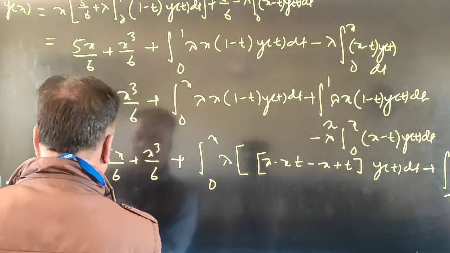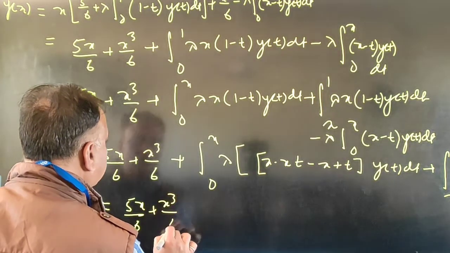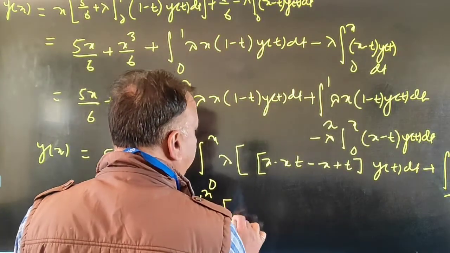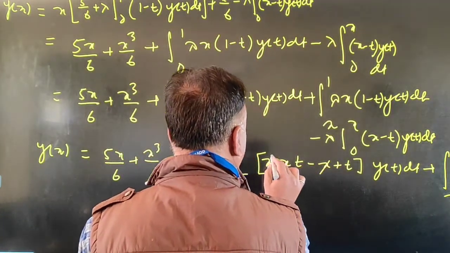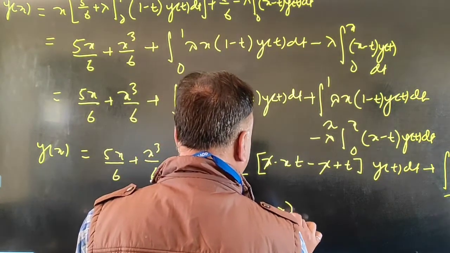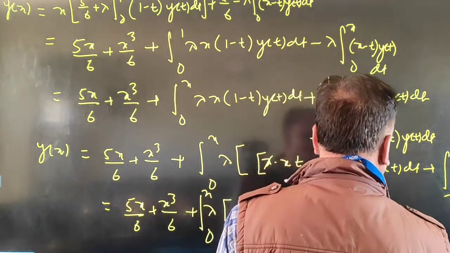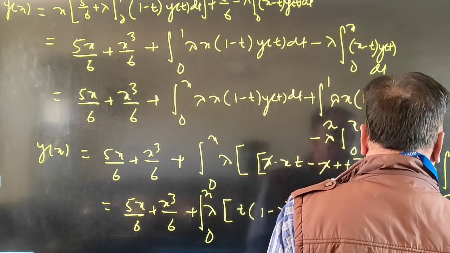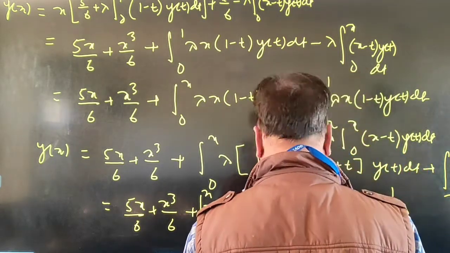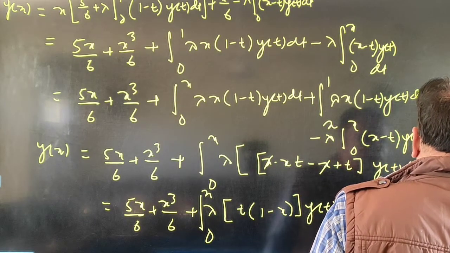Or this can be written as 5x by 6 plus x cube by 6 plus integral 0 to x lambda into, this x is cancelled, t is common, so t into 1 minus x yt dt plus integral x to 1 lambda x into 1 minus t yt dt.